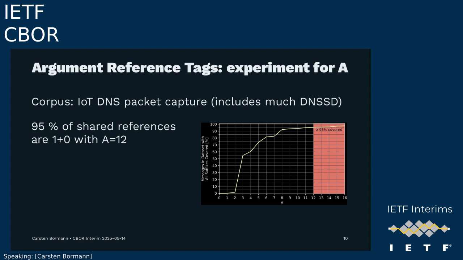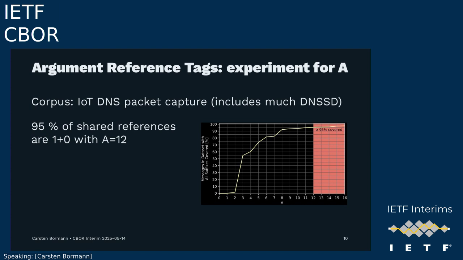If you look at the graph, you can see that many of these DNS messages are simple enough that they get good compression for A already with 3 or 4 1+0 references. But if you want to be reasonably sure that most of your messages get the full benefit here, then you need to go a little bit more to the right.